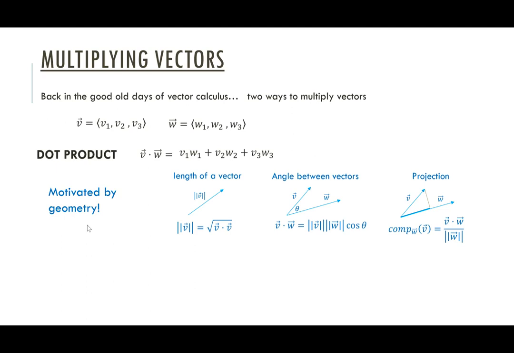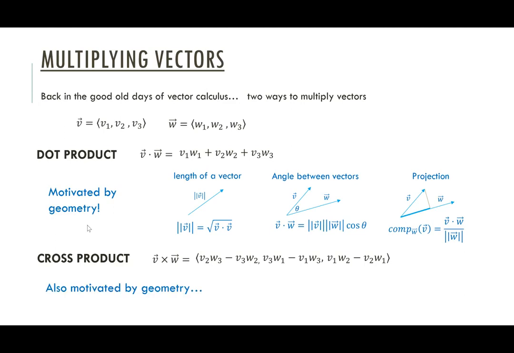But yeah, this isn't the only product that we saw in vector calc. There's also the cross product. Vector v cross vector w is a vector, but it's something horrible that you're almost guaranteed to make a mistake in if you are calculating it by hand. Really, really don't like calculating the cross product. And where did that come from?